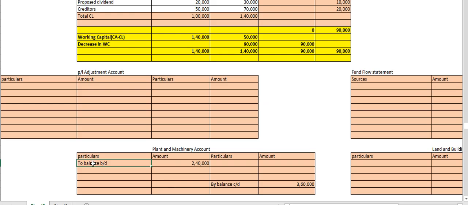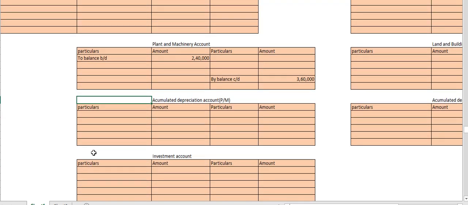So you will add it up and write it in your balancing figure. So it will be 2 lakhs plus 40,000, your accumulated depreciation, which gives 2,40,000.